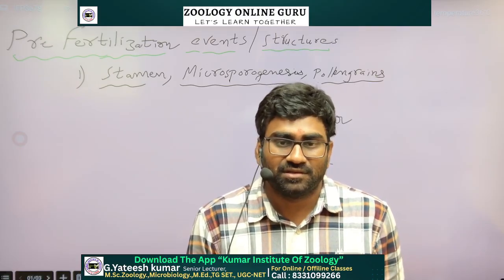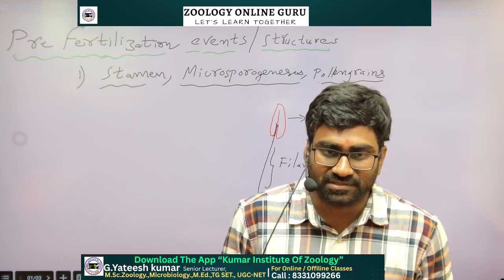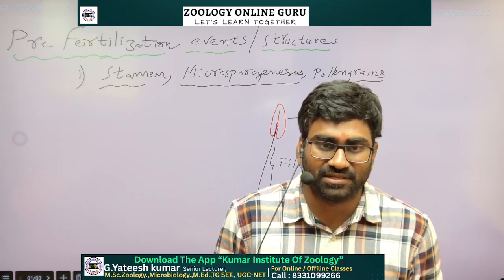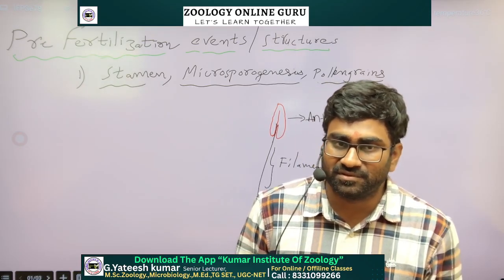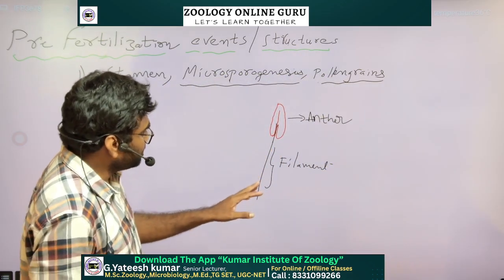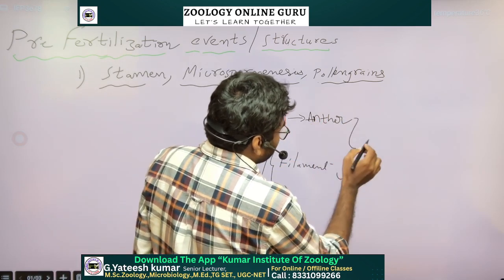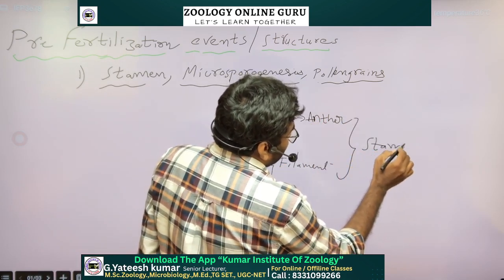The androecium is one of the important parts of the flower that represents the male part. It consists of filament and anther. Together, filament and anther are known as the stamen.